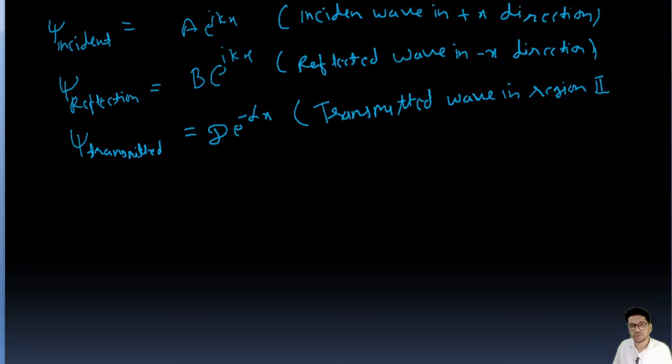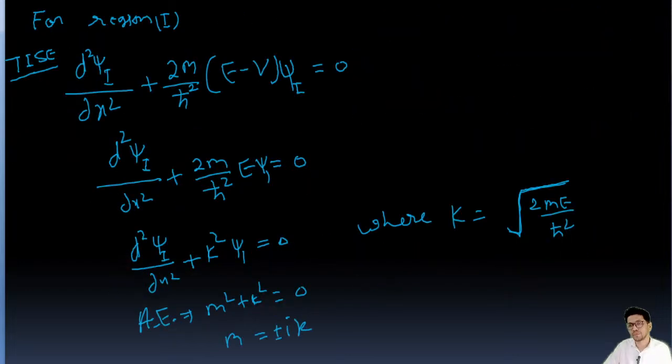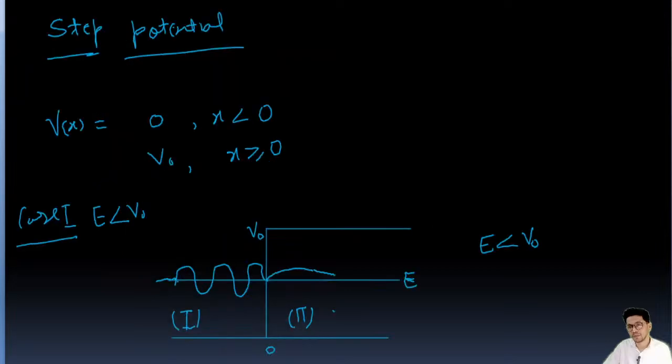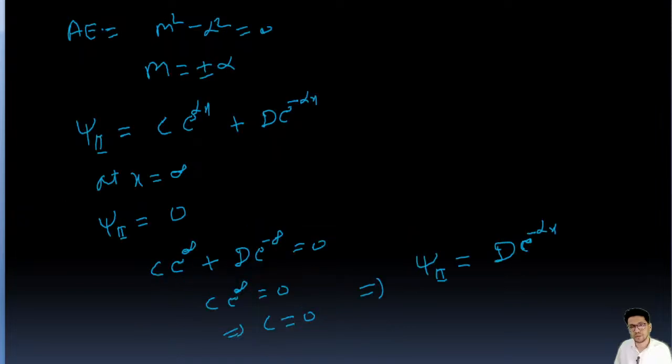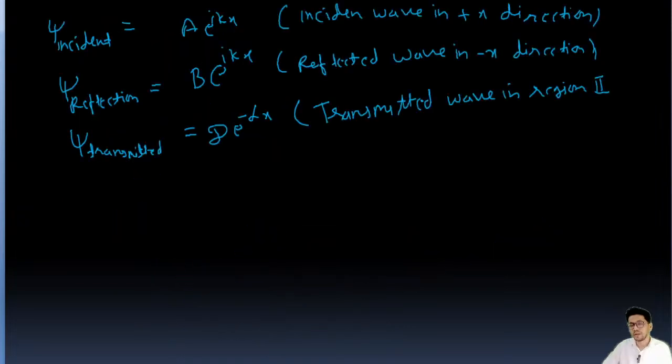I will show you in the figure: this is the transmitted wave, this is reflected, and in this direction the incident wave. So these are the wave functions we have found by the Schrodinger equation.